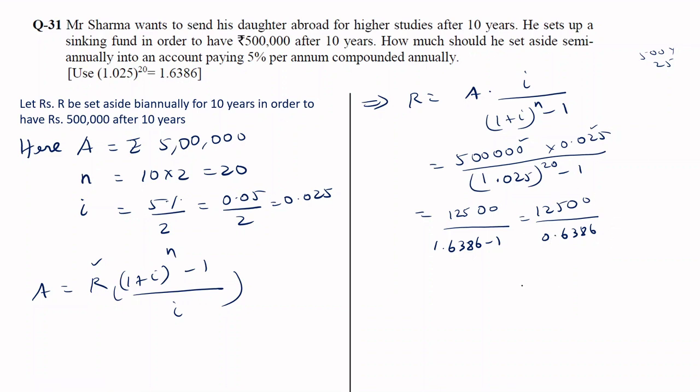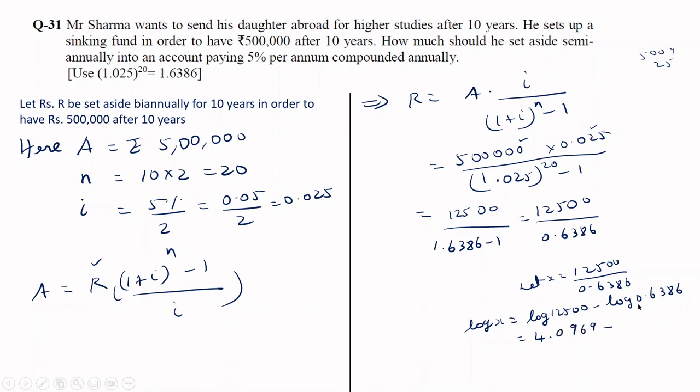So if we use log tables, let us take, let x is equal to 12,500 by 0.6386. So log x will be log of 12,500 minus log of 0.6386. So log 12,500 is 4 point, in log tables we have to see 12 and 5 along the row 12 and column 5 it is 0969.